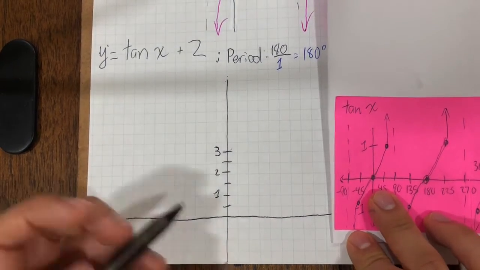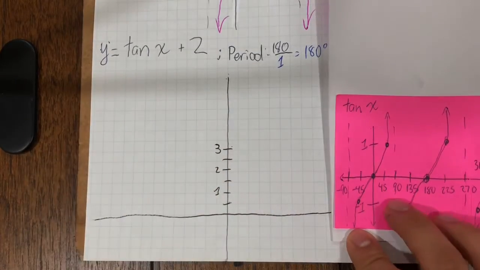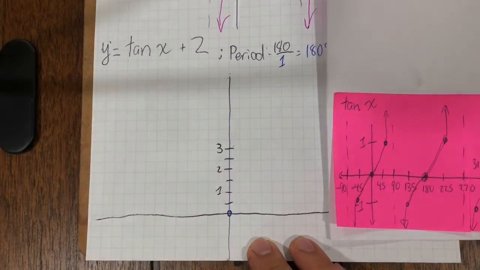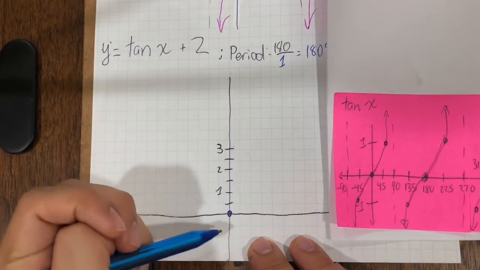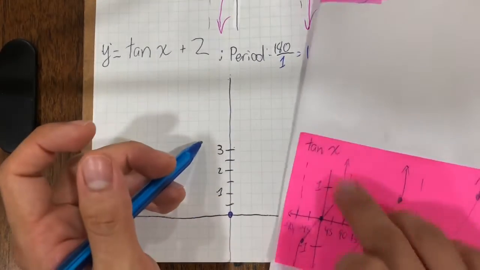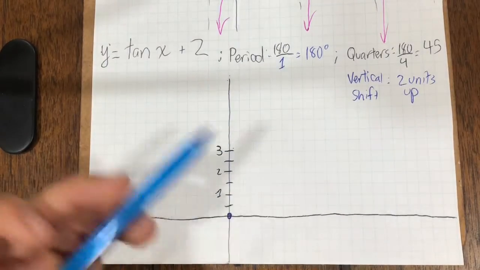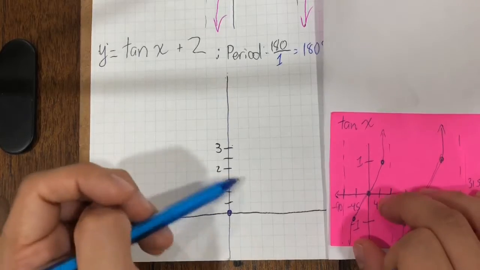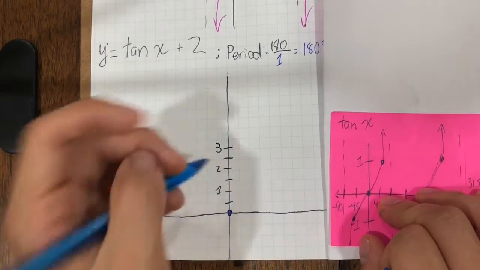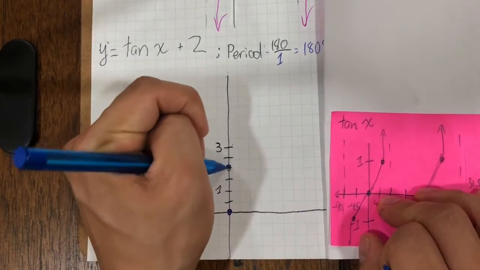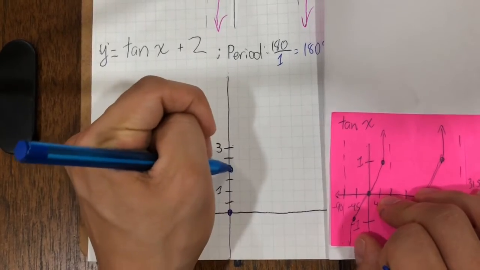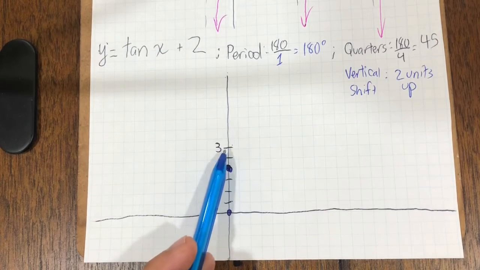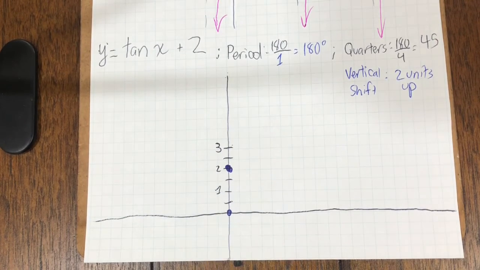There is no vertical shift, so we're still at 0, 0. However, if we recall, we actually have a vertical shift. So originally I would start at 0, 0, but because we have a vertical shift, I'm actually gonna start at 0, 2, all right? So all of my midpoints are gonna be at 2, all of my high points are gonna be at 3, and all of my low points are gonna be at 1, all right?